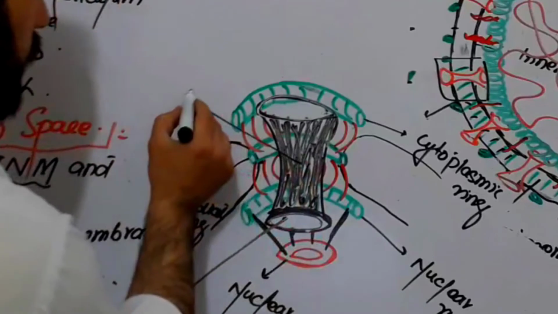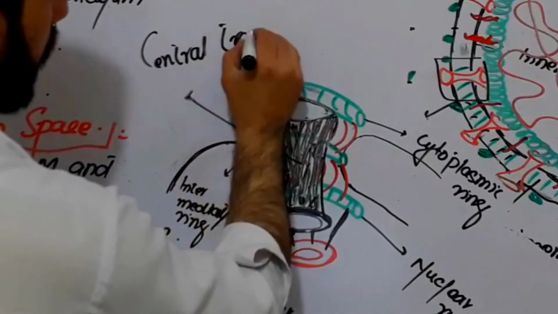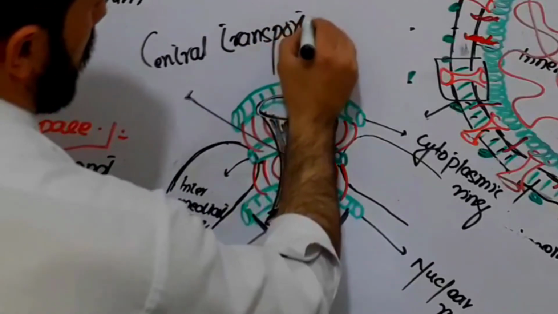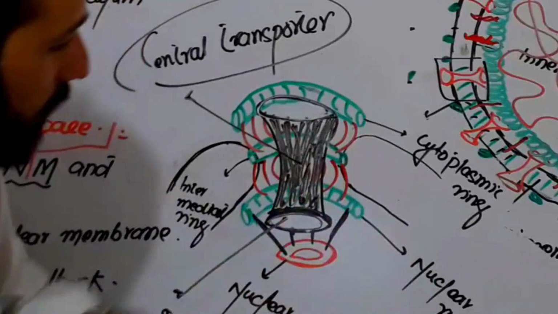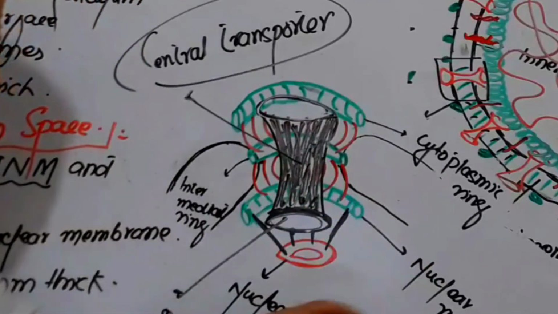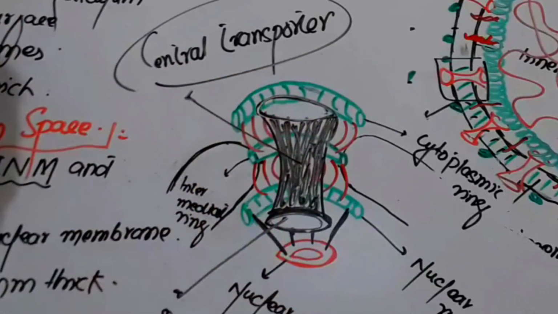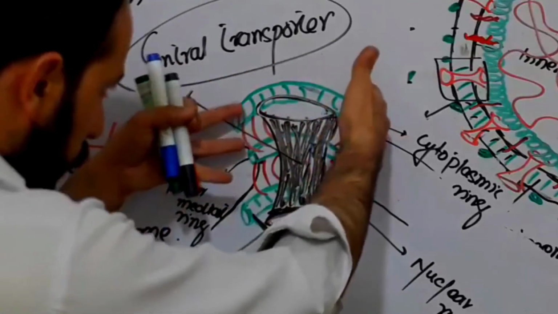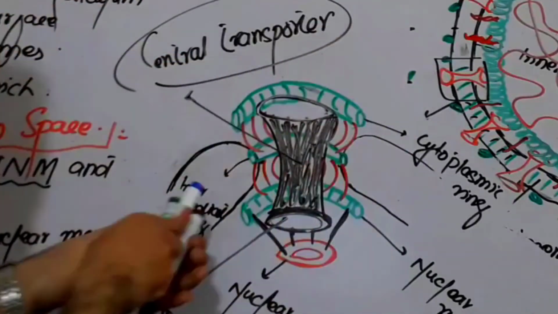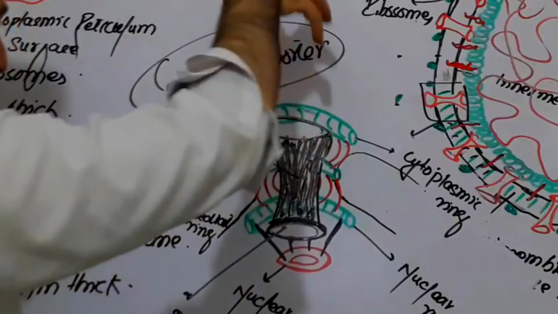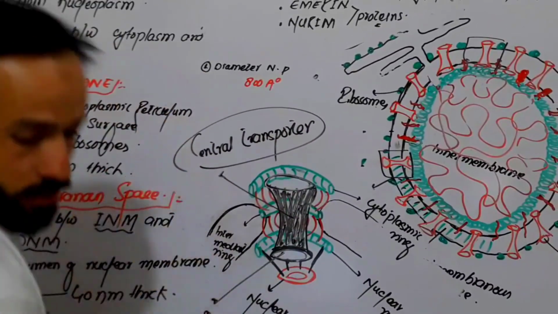So what is this? This is the central transporter. It has a central transporter, a cytoplasmic ring, a nuclear ring, a nuclear basket, and an intermediate ring. So these rings make a whole. If we look at them from above, that will look like this.